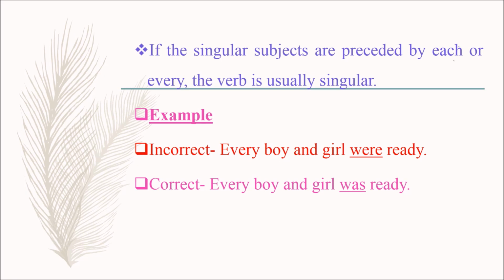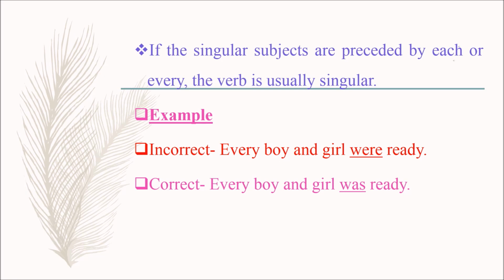Because the rule is if the singular subjects are preceded, here preceded means come before, by each or every, the verb is usually singular. Here boy and girl are two singular subjects that come before by every, so we have to add the singular verb was to it.